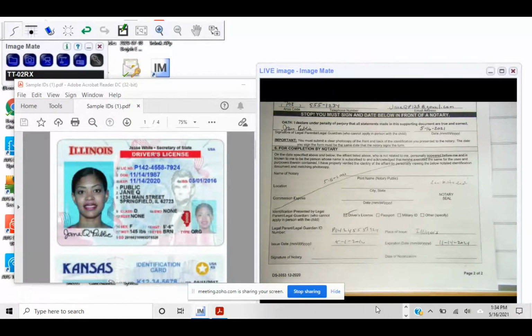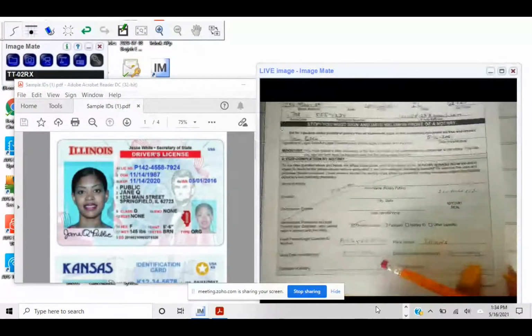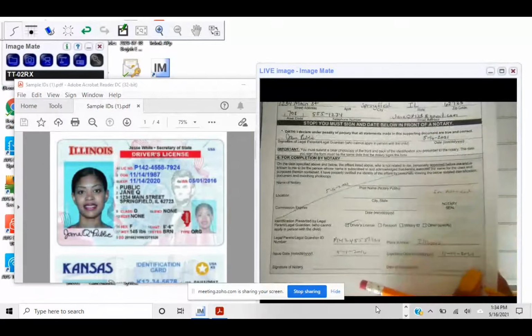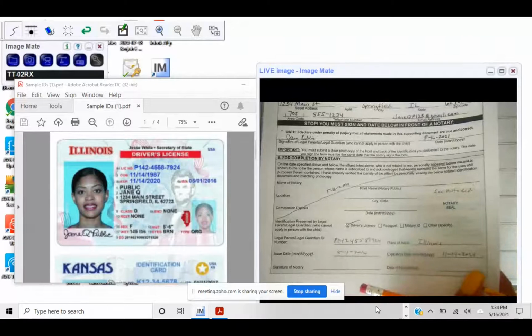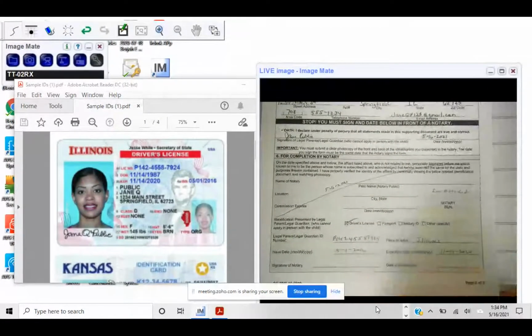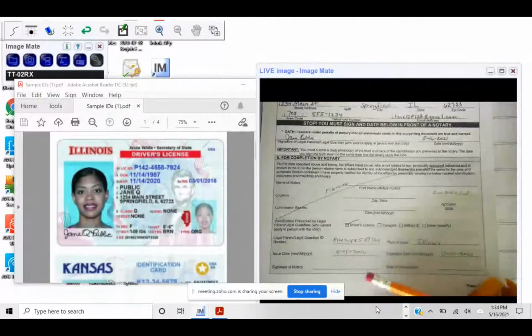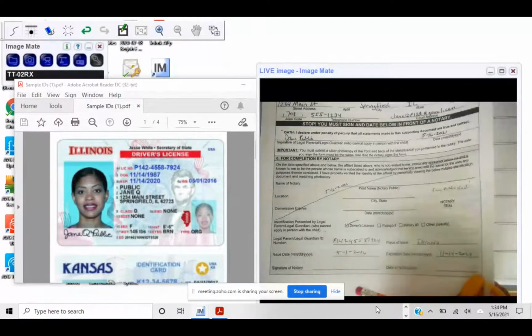So these happen all the time, and we have to be very careful, and we have to make sure we read and understand. And sometimes they'll get frustrated with you, waiting like, okay, what's going on? Just give me a second. I have to read and make sure that I am doing what I'm supposed to be doing because this is my commission on the line.